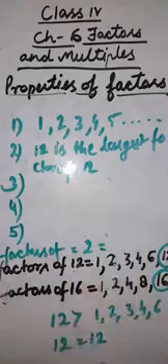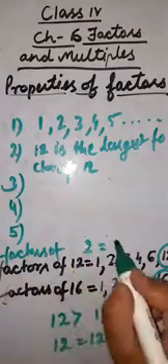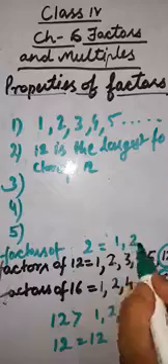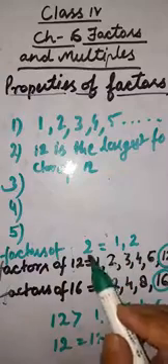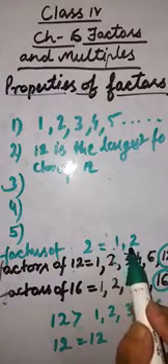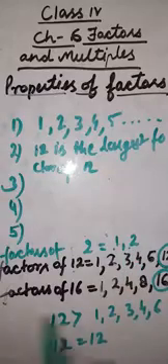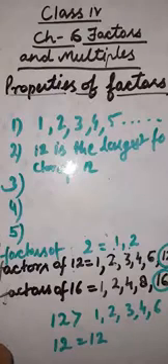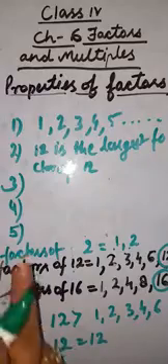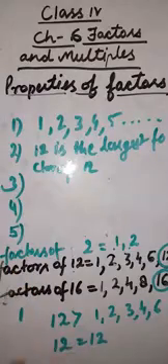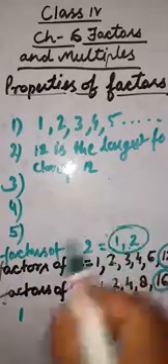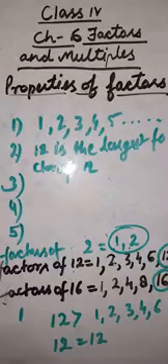Right, so the factors of 2 are 1 and 2, because 2 comes in the table of 1 and also in the table of 2. It means that it has only 2 factors. So we have property number 5: every number other than 1, just leave 1, has at least 2 factors, 1 and the number itself.